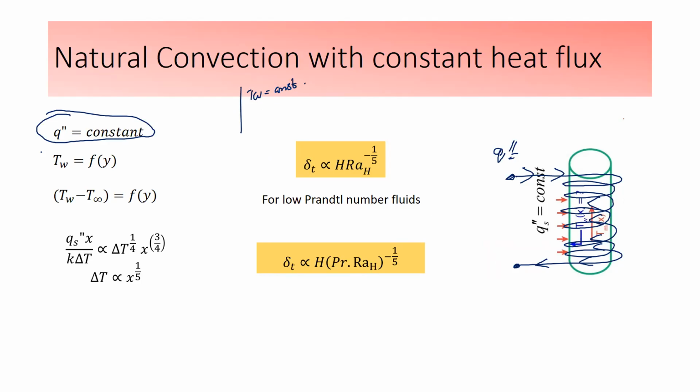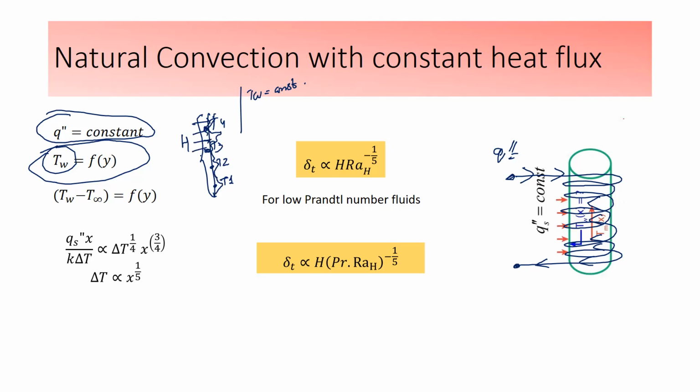But here, the temperature of the wall is a function of the height or y. Suppose H is the height of the plate. Here, the temperature will be some T1. It will be T2, T3, T4. So the temperature of the wall is not a constant. If you draw the lines, the temperature will be different at different points.